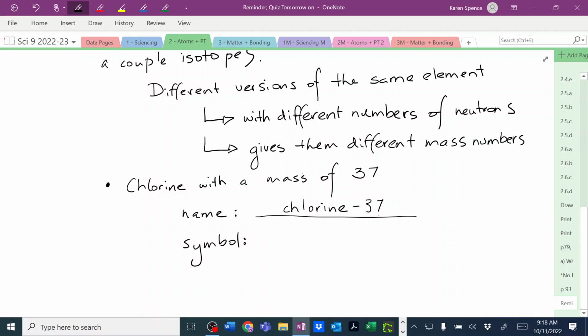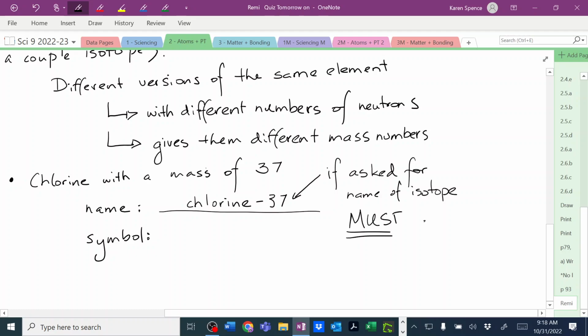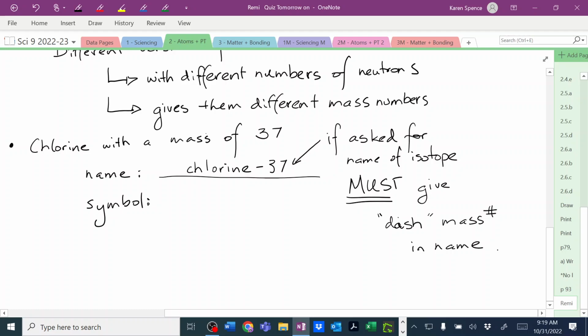You must write the dash and the mass number.